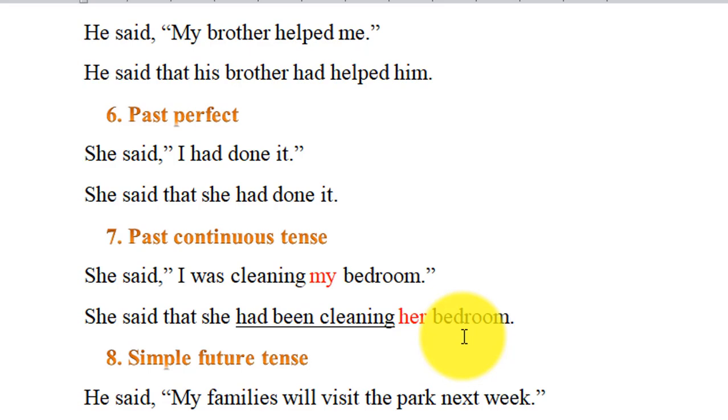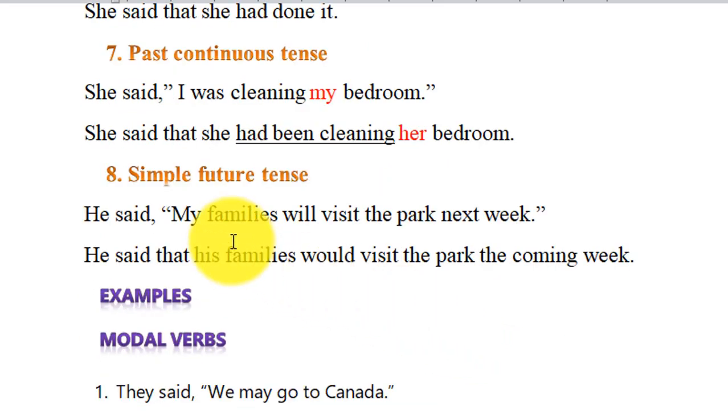Simple future. He said, my families will visit the park next week. Very interesting question here. The speaker is he: my families will plus the base form of the verb, the park, next week. There is a time expression here. We change three things. He says that his families will can be changed into would, but the base form never changes to another form.